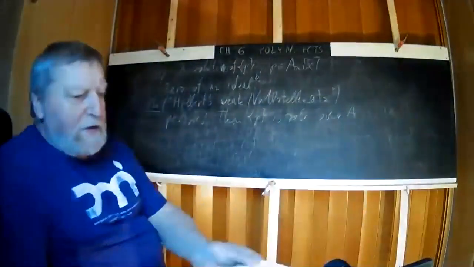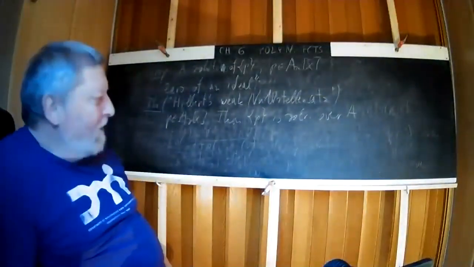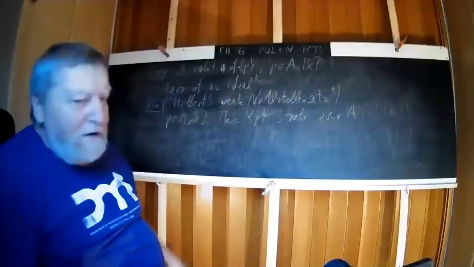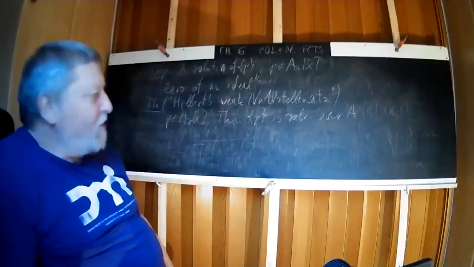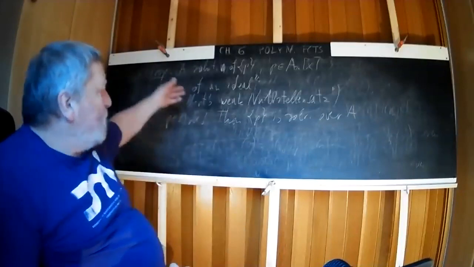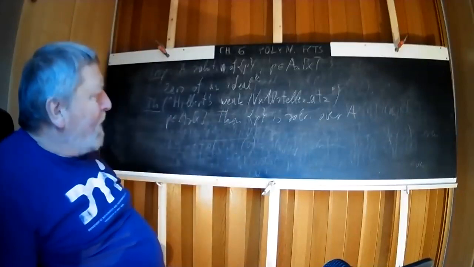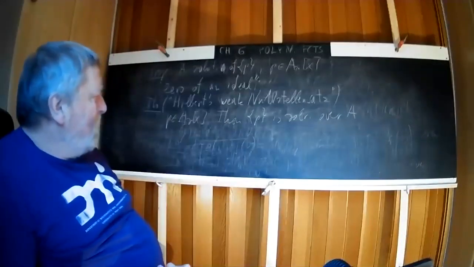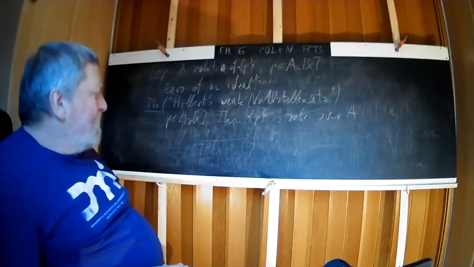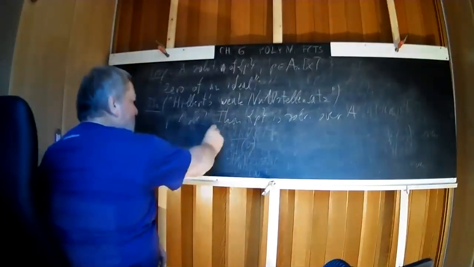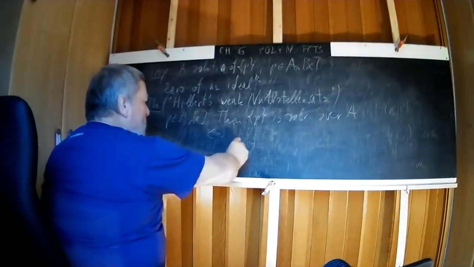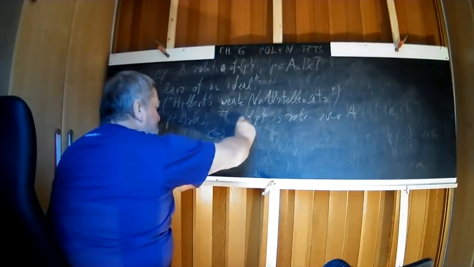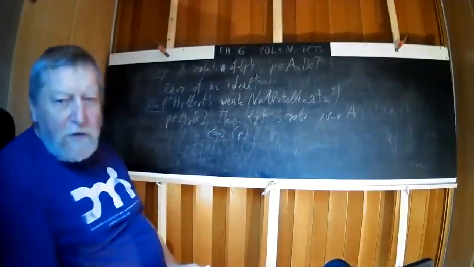So it means that it's solvable in some extension of A, some extension B of A, which still has to lie in the same variety as we started with. This is true if and only if the ideal generated by P does not contain any constants.